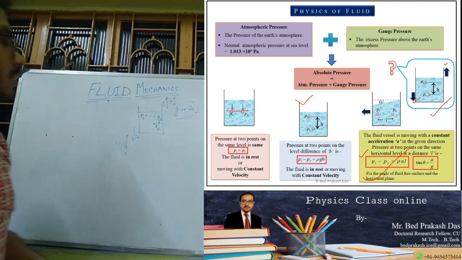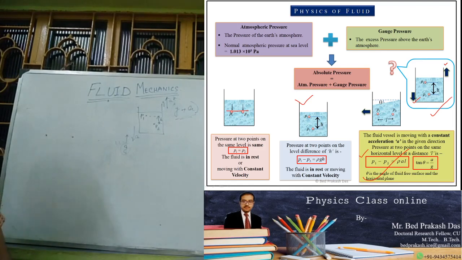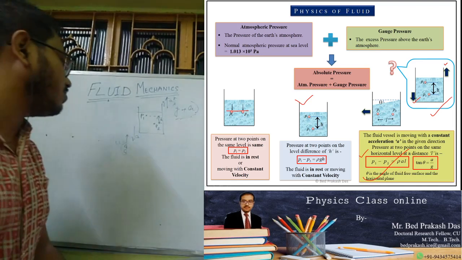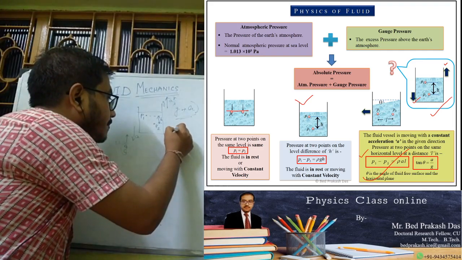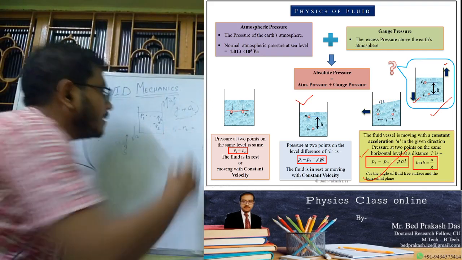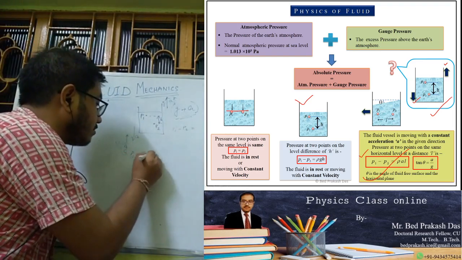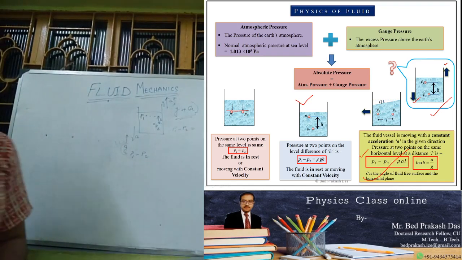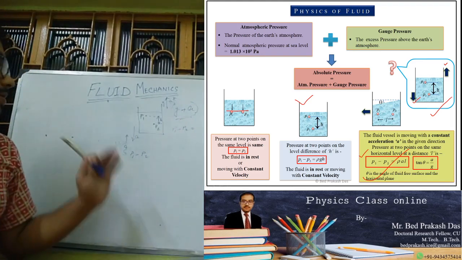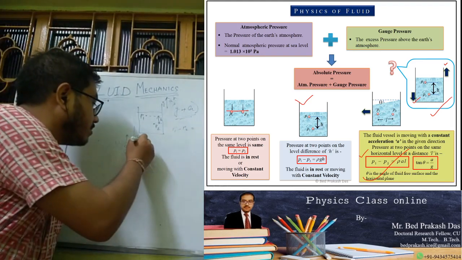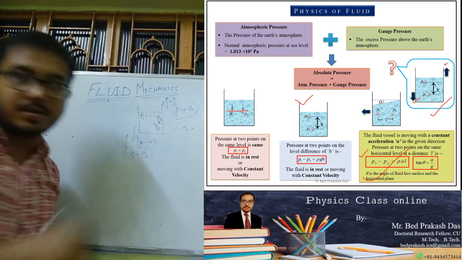Now you have to consider what is actually happening. So P1 minus P2 will be calculated from this as well as from this. I have just given the hints, you have to do it on your own. So here it will be g minus a or g plus a, vice versa.